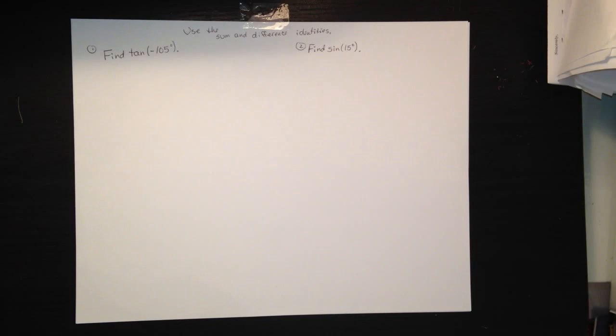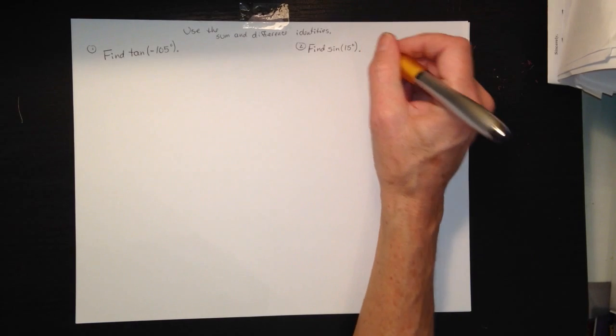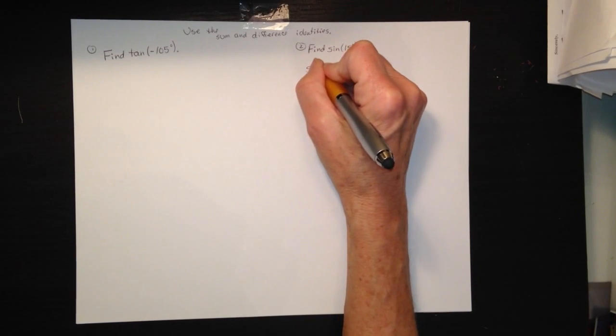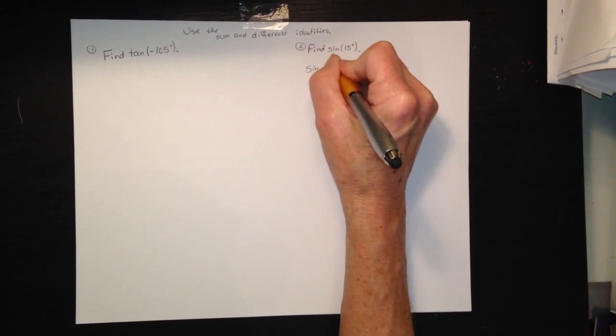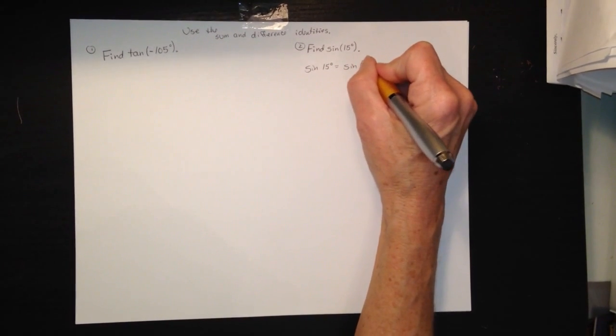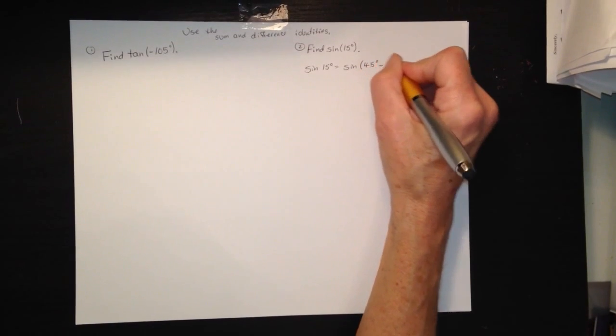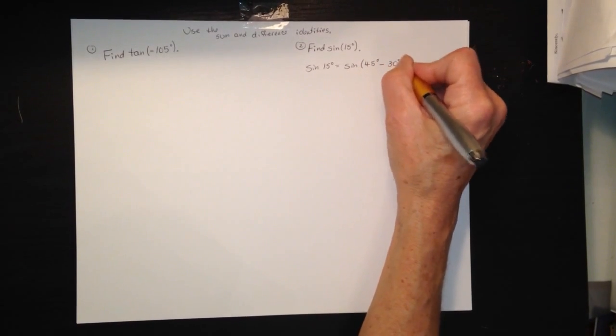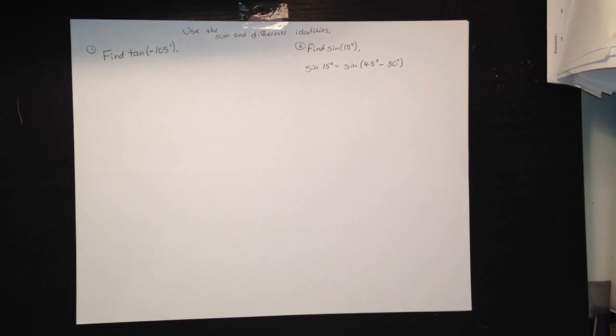The sine of 15 degrees, I'm going to make that equal to the sine of 45 degrees minus 30 degrees. 45 degrees and 30 degrees are known angles as far as the unit circle goes. So I'm going to rewrite 15 as this difference of two angles, and then I'm going to apply a formula.